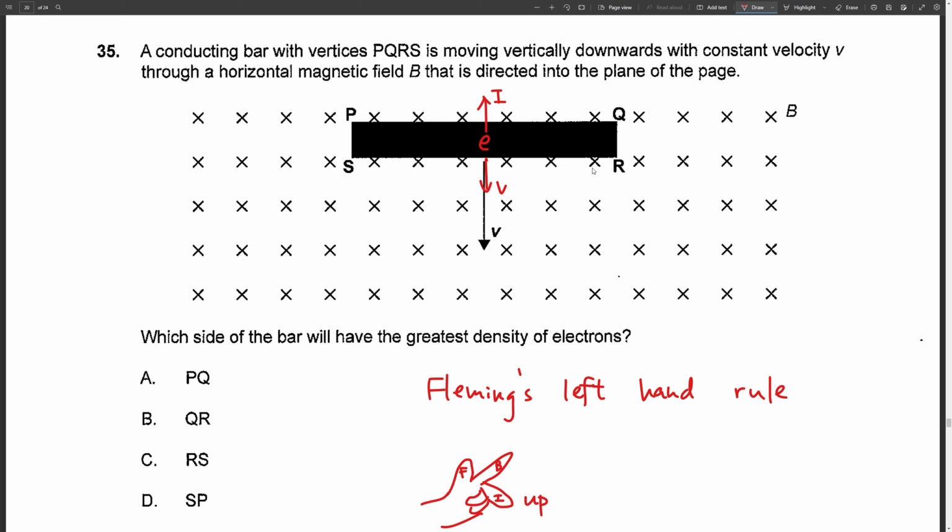And the magnetic field is going into the page, which means your index finger should be going into the page. Then your thumb should be pointing to the left, which means all these electrons are forced to the side of PS. With QS, they lack electrons. And the answer is D.